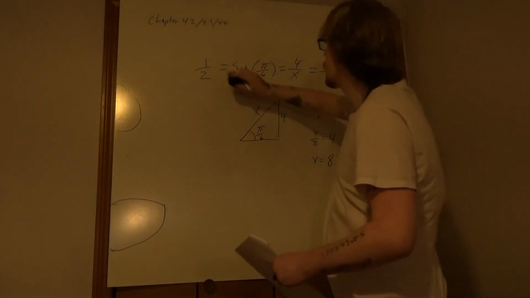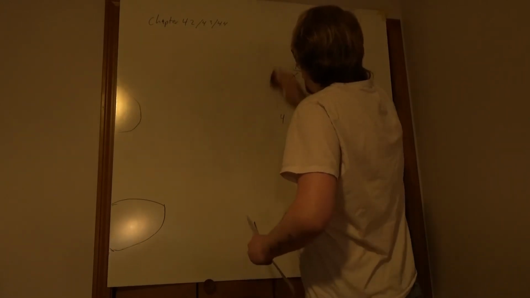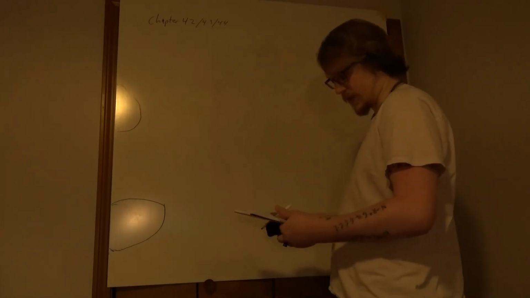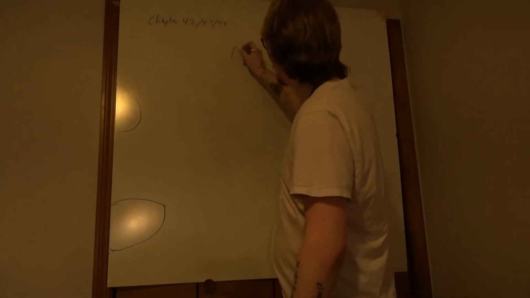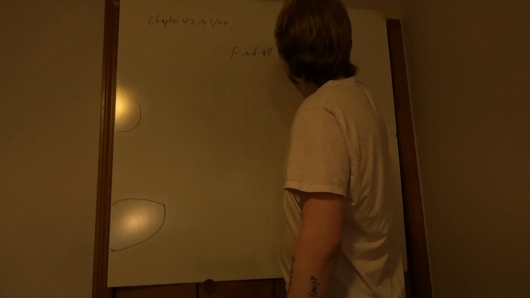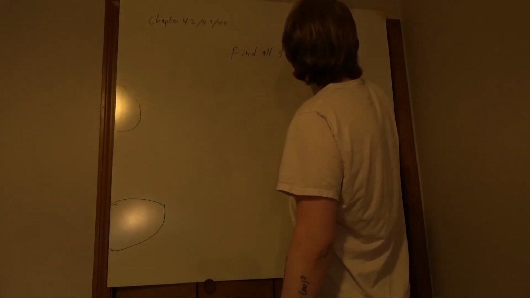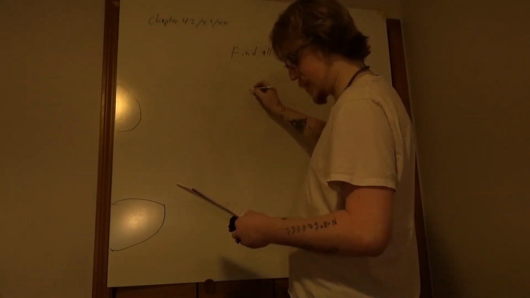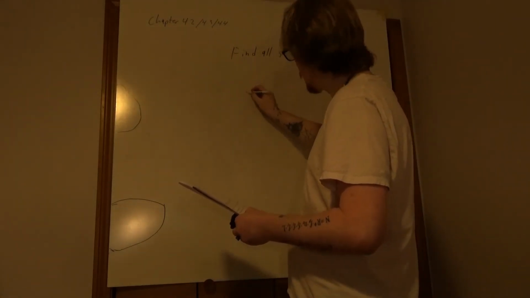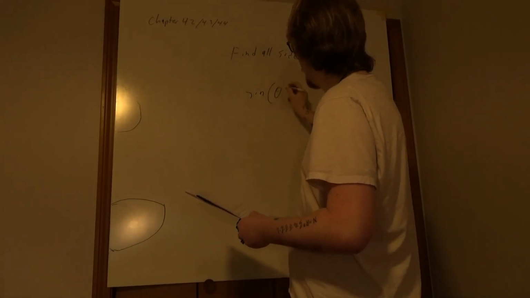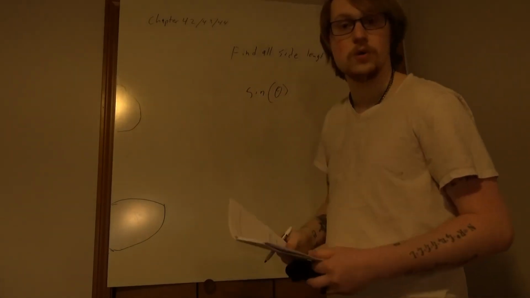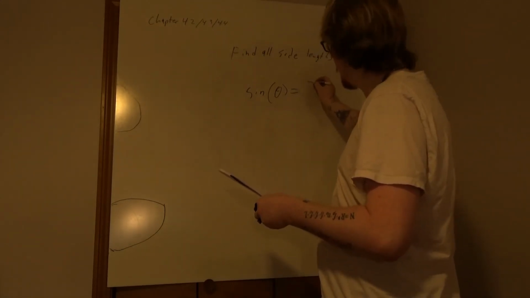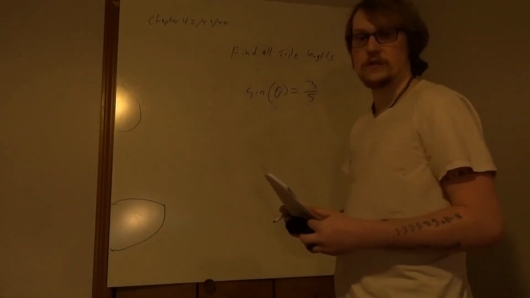For the next one, it says find all side lengths. So if we have sine of theta, in this case we don't know what the angle is, sine theta equals 3/5.